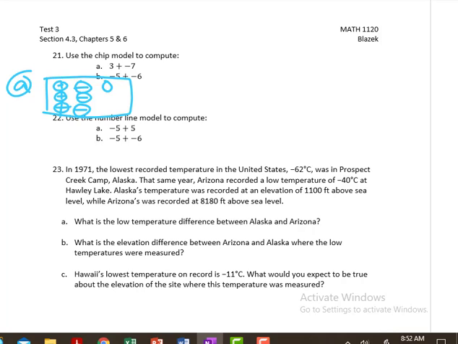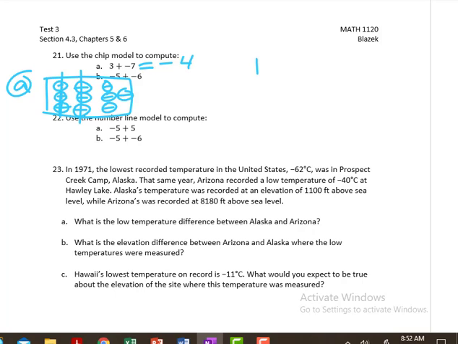This is a nice manipulative, in essence, which you can just write out on your paper. And I know that every positive chip cancels a negative chip, and so in the end, I have a -4.